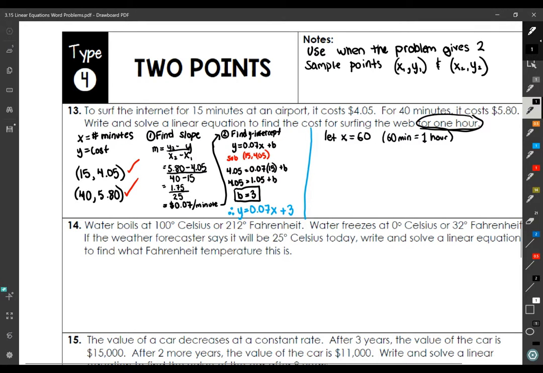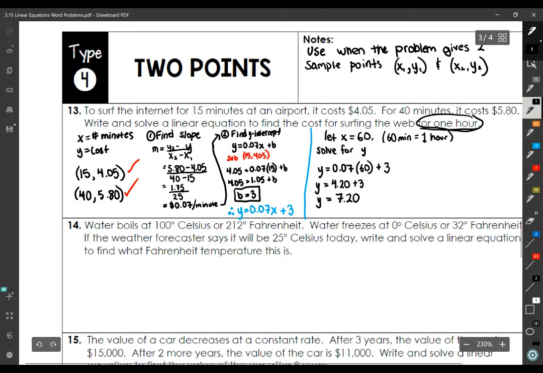Hopefully you guys knew that, right? So we're going to let x equal 60 and solve for the cost, which is y. So y is equal to 0.07 times 60 plus that $3. 7 cents times 60 gives us $4.20 plus our $3, so we get a total cost of $7.20.